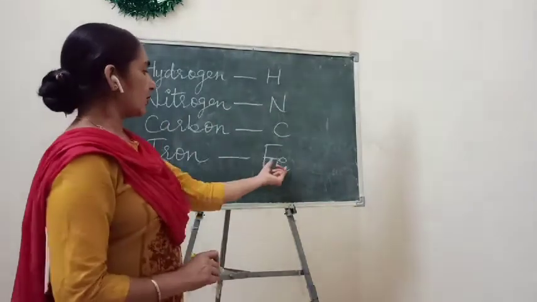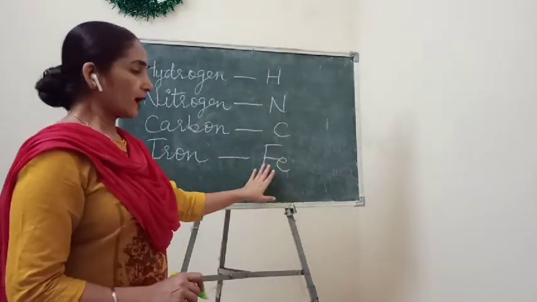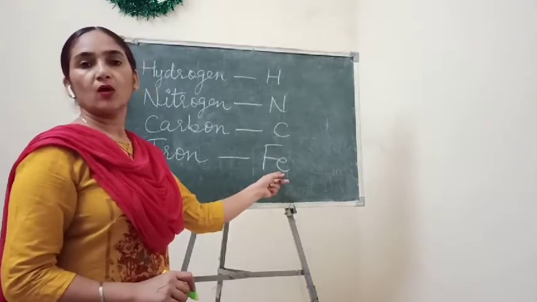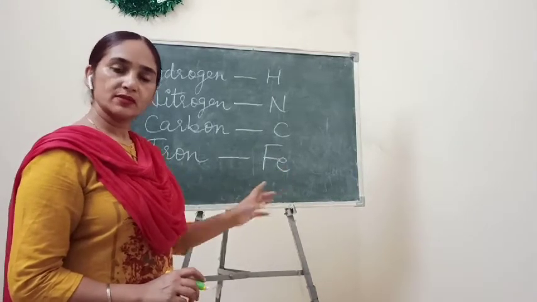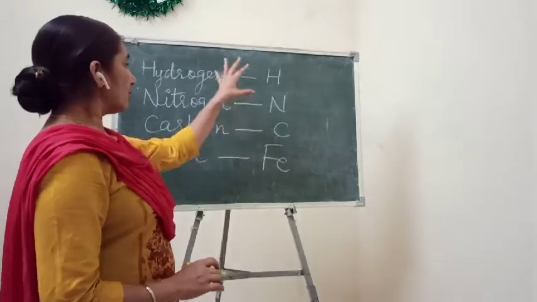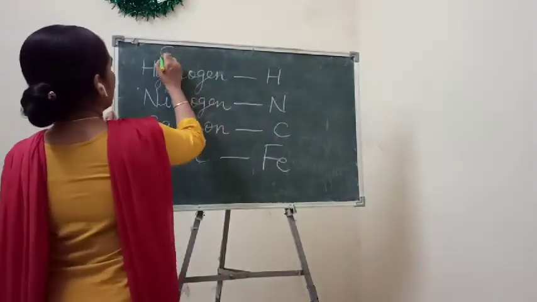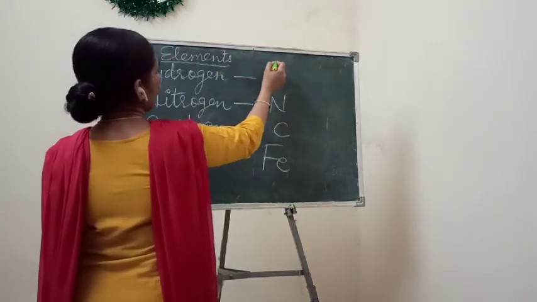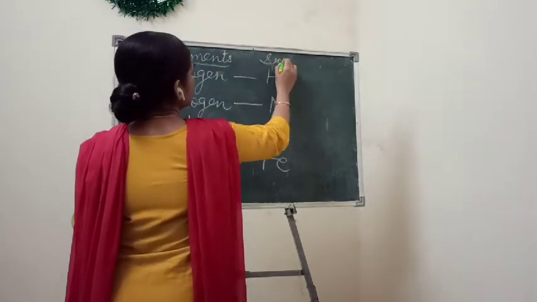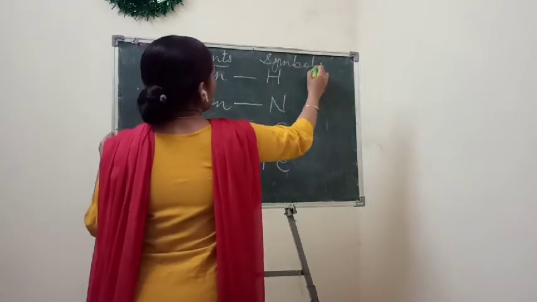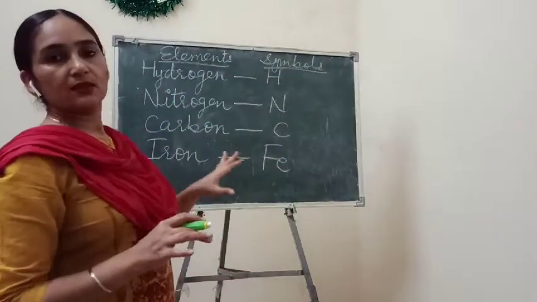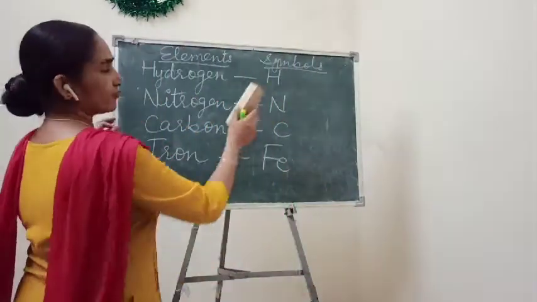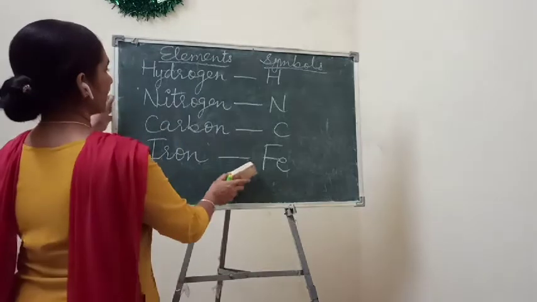The first letter we write in capital and the second letter of any symbol we write small. So this is all about the elements. These are elements and these are the symbols. So children, these we have studied and you all have written in the tabular form also. I have sent pics that day.